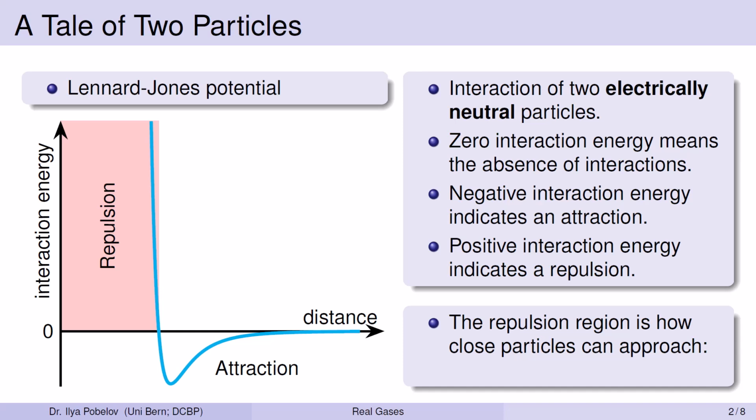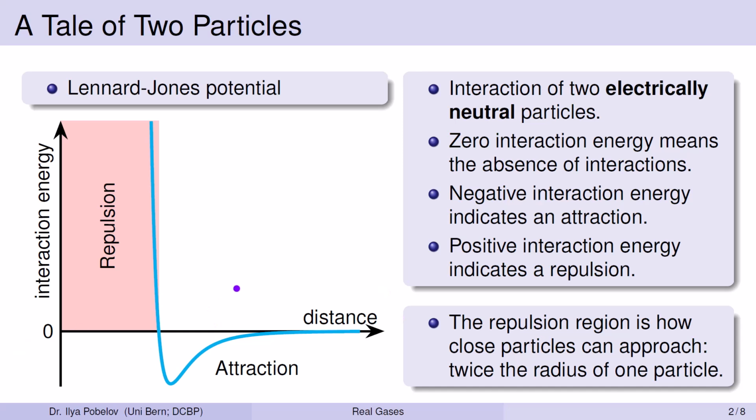If we additionally consider two particles of the same type, we can conclude that this distance corresponds to twice the radius of one particle.